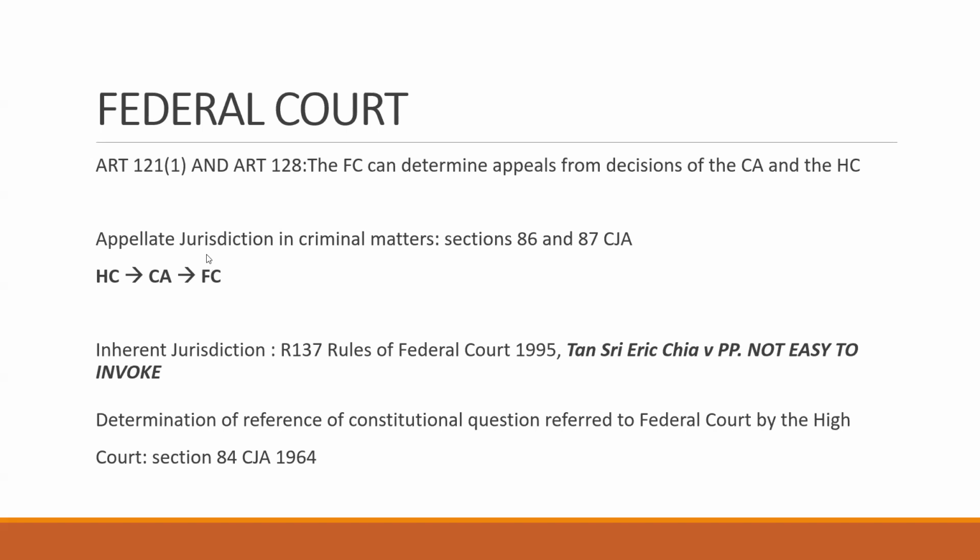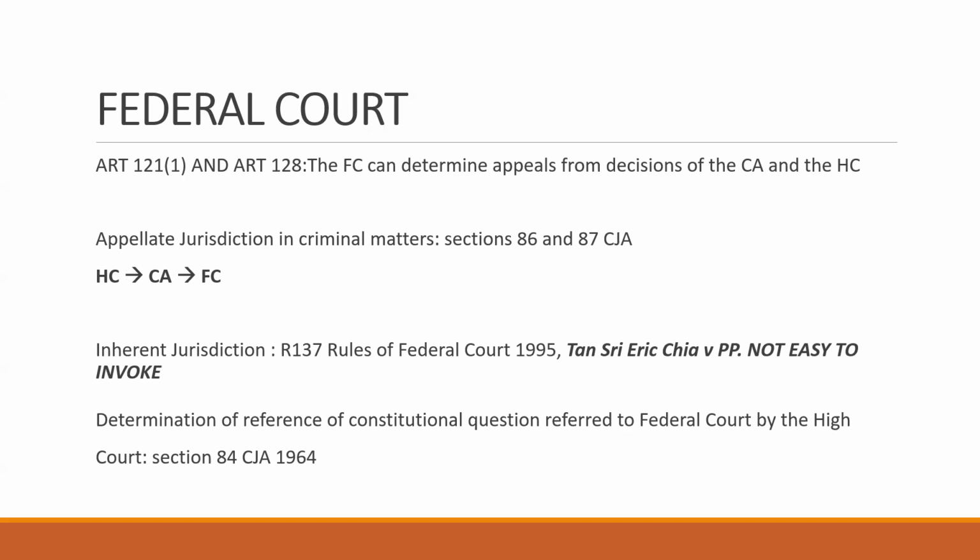So this is the proper procedure. Okay, somehow rules of Federal Court 1995, the R137, provides that even if a case comes from lower court, if there is miscarriage of justice, you can invoke this inherent jurisdiction of Federal Court pursuant to your Rule 137 to overturn the case which was supposed to end at Court of Appeal.